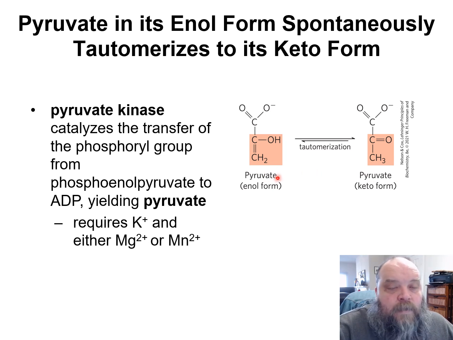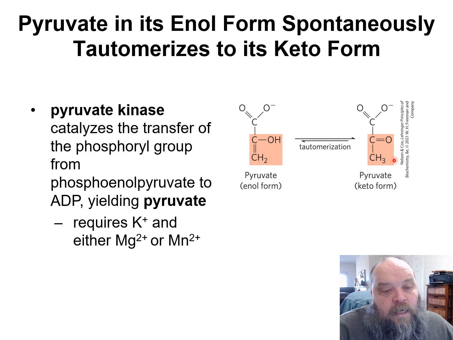And then, as we talked about at the end of chapter 13, the pyruvate, well, it's not a set form, not a set structure. There's an enol and a keto. Enol, keto, hydroxyl, carbonyl. You get this tautomerization back and forth.